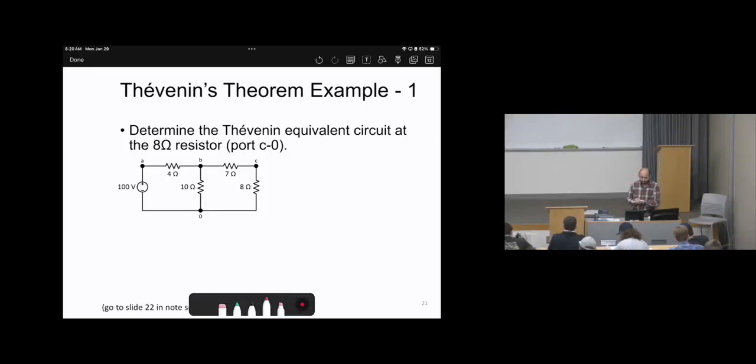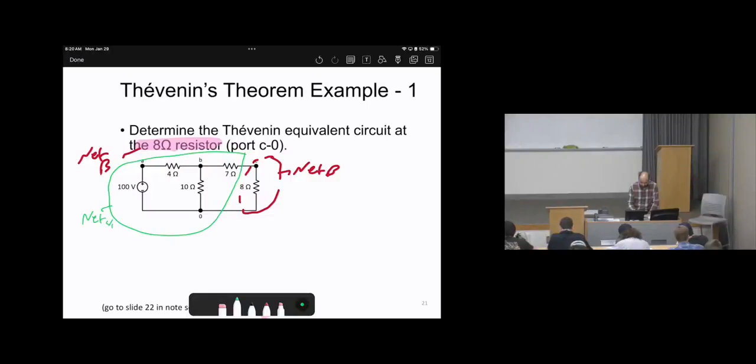If it says across a certain resistor, the 8 ohm resistor, this means this 8 ohm resistor is network B. How about network A? It's the unchanged part, the remaining part of the circuit. This is a very important step, so you need to know where to apply Thevenin's theorem.